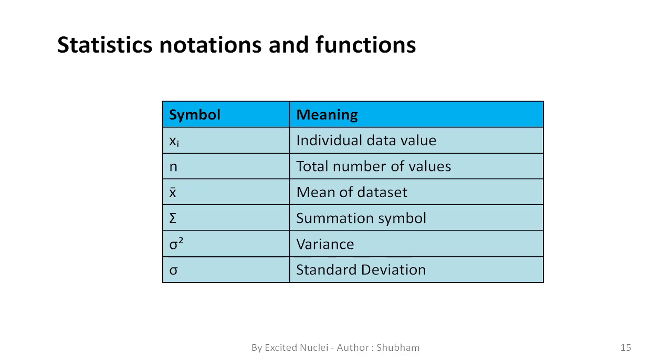This symbol, something like a rotated M, is the summation symbol, which represents the sum of all the values. I know some of you already know this, but there might be someone who is not yet aware. Variance is represented by sigma squared, and standard deviation is represented by sigma.